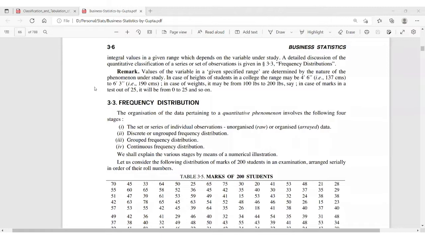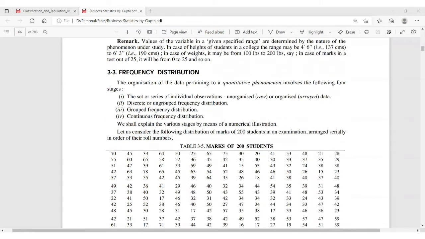Now, frequency distribution. So what is frequency distribution?